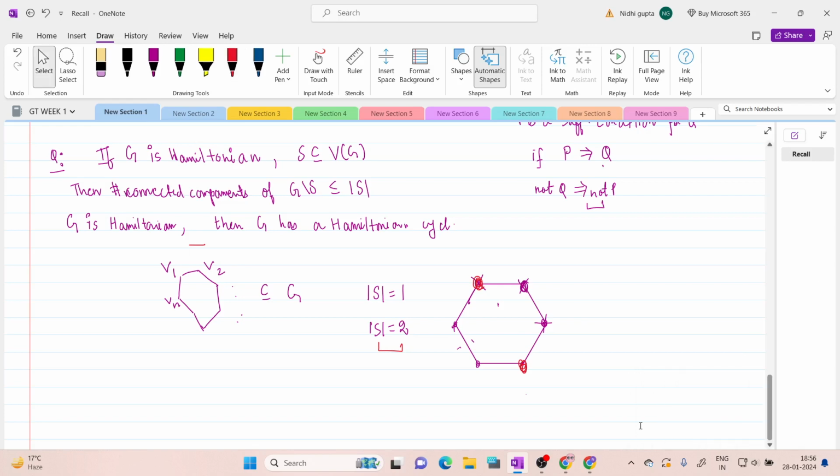So this condition is mainly used to show that a graph is not Hamiltonian. We'll see an example.